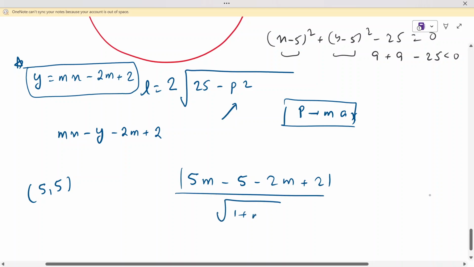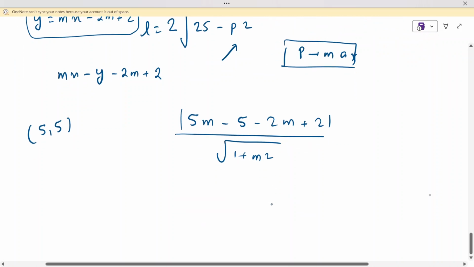Clear? So that would be 3m minus 3 over root 1 plus m square. Clear?